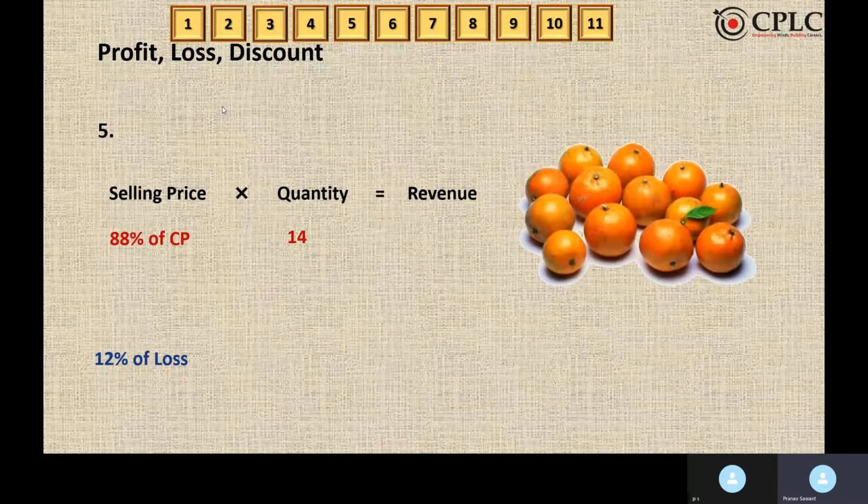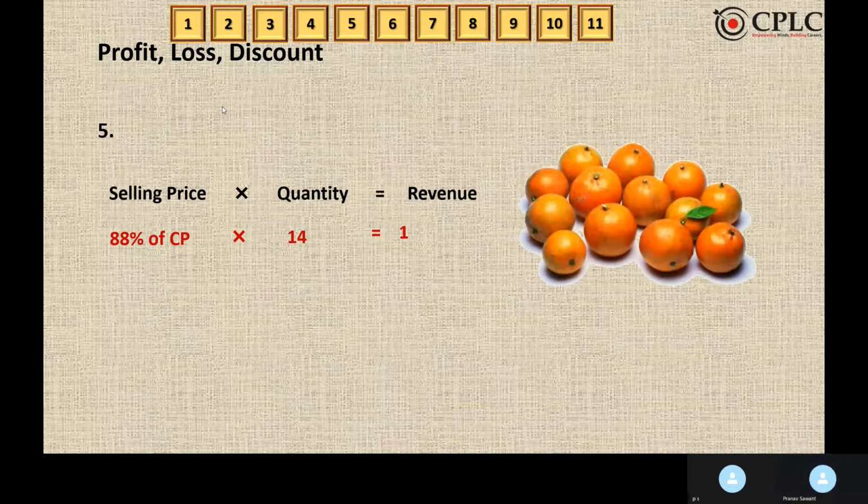So basically, we are incurring a loss of 12%. So if it's a loss of 12%, it has to be 88% of cost price. So 88% of cost price into 14 will give us 1, because they have said that we purchase 14 oranges for a rupee.